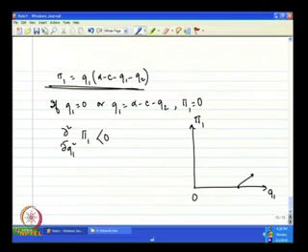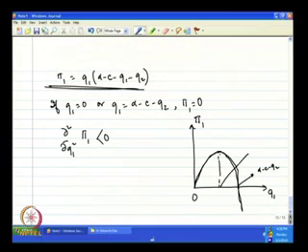Suppose this point is alpha minus C minus Q2. So, it is going to be like this, a concave curve which is cutting the horizontal axis at 2 points, and there is a point at which it is reaching its maximum value, and that maximum is at alpha minus C minus Q2 divided by 2.